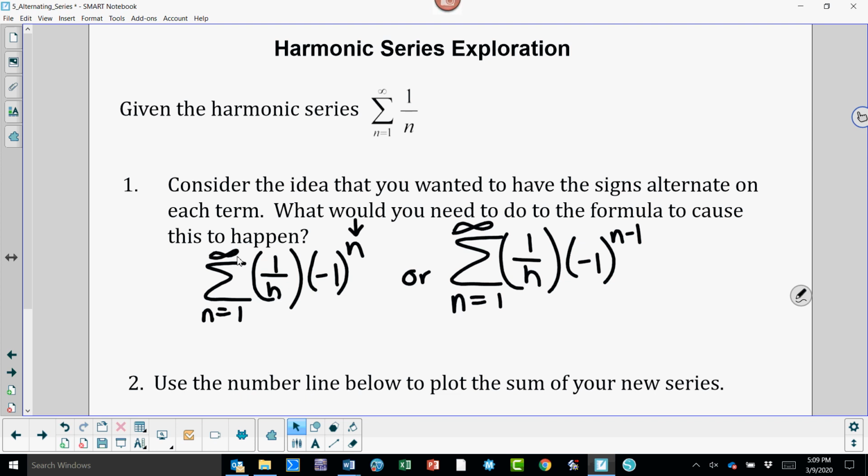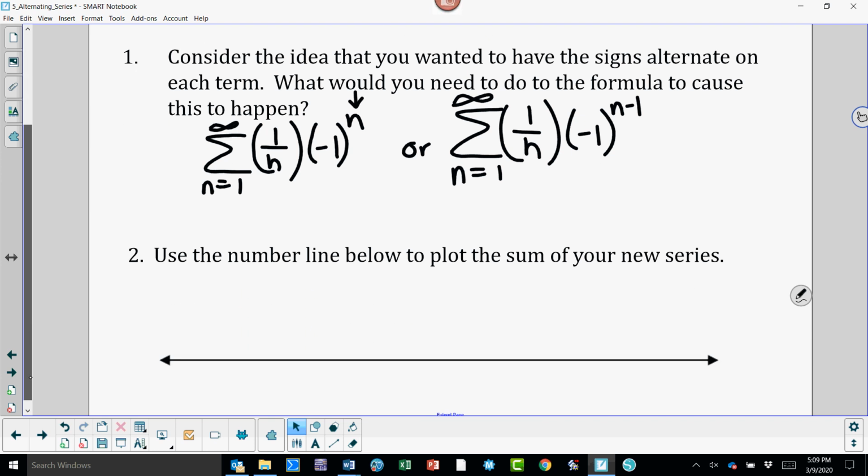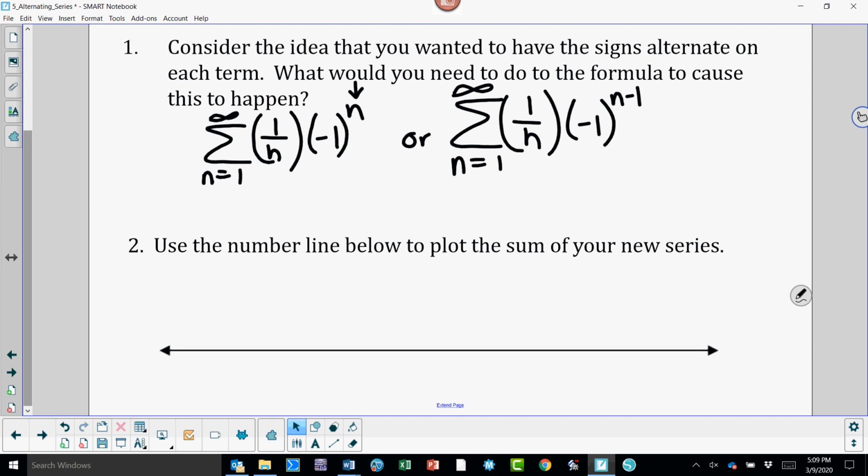Okay. So if I were to look at the partial sums of this new series, using this one here, I'm going to write down the partial sums right here.